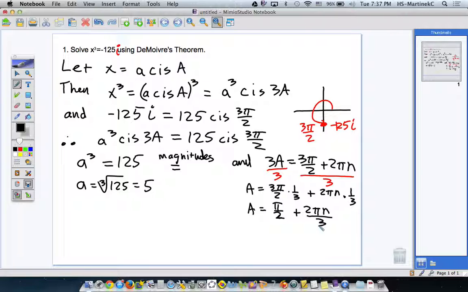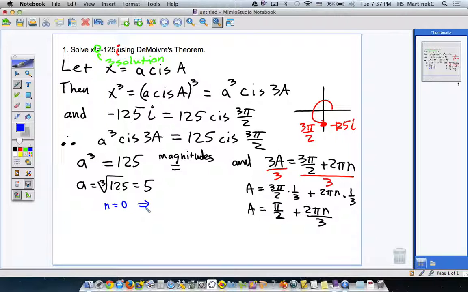All right, so now I can pick some different numbers for n, because since this was x cubed, we should have 3 solutions. So I'm just going to pick some numbers for n. The easiest number for n would be when n equals 0.